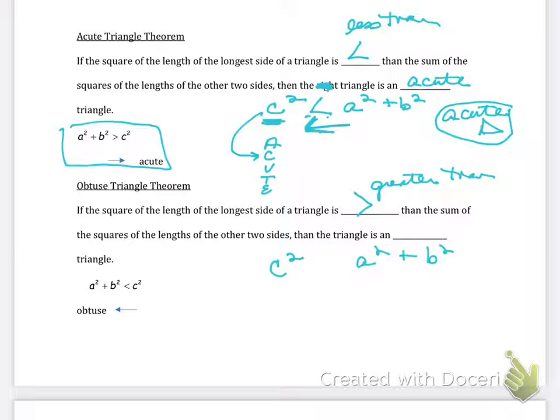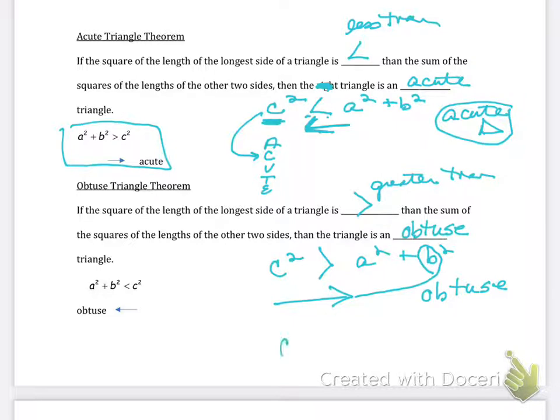So if it's not going to be acute, it must be an obtuse triangle, and this is the way that's going. Okay, so look at that arrow again. Think about this as being an arrow. What letter are you pointing towards? Not the C, but the B. And what letter appears in obtuse? The B. So that's just a little trick that you can use to remind yourself about this definition.